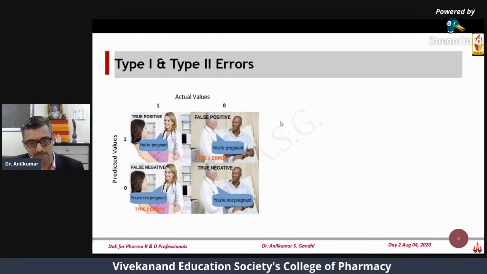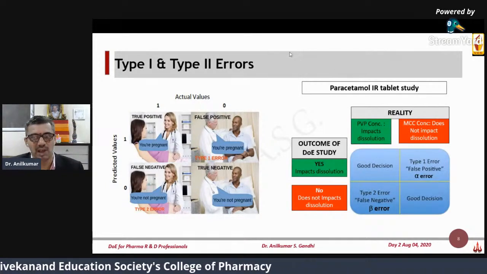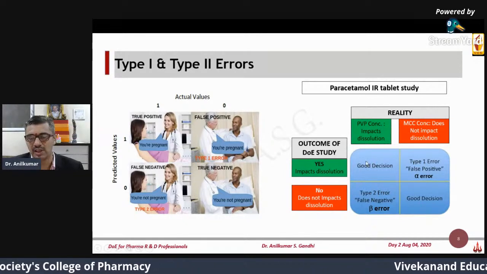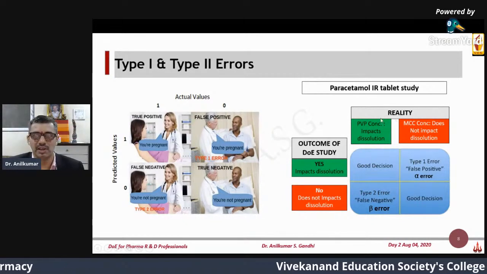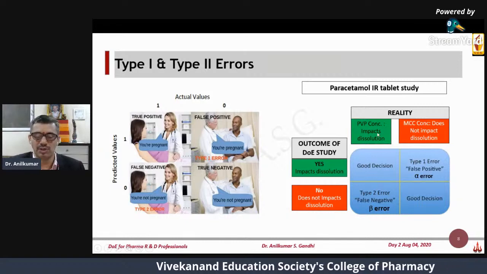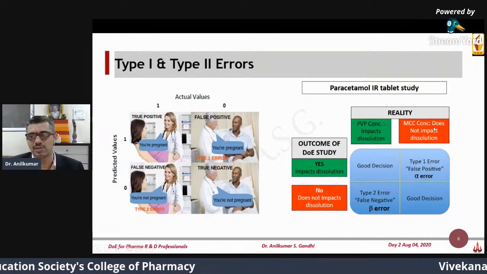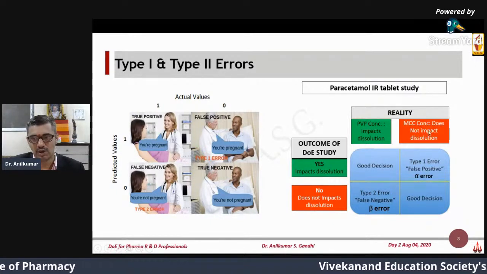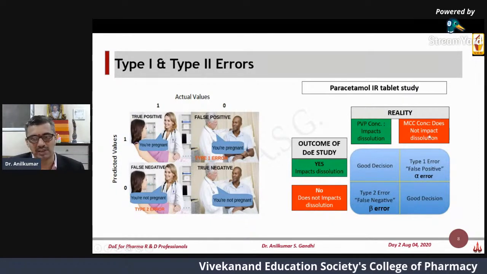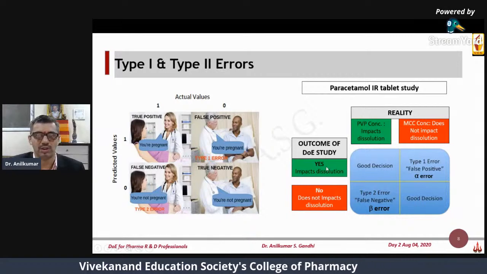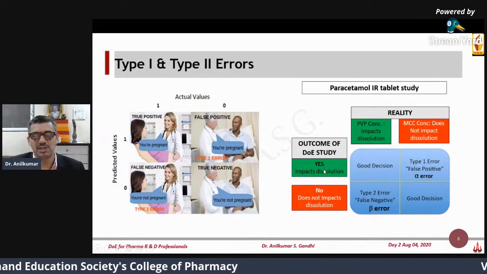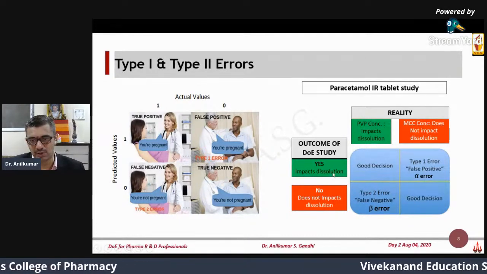Let's see it with our paracetamol example, the paracetamol IR tablet studies that we have taken. Now, we know what the reality is. PVP concentration impacts dissolution. We also know that MCC concentration does not impact dissolution, or MCC type does not impact the dissolution. Now, what is the outcome? The outcome says yes, it impacts the dissolution.